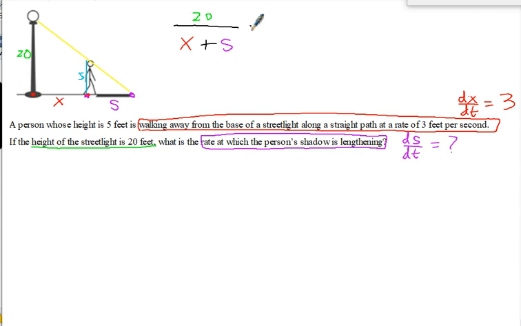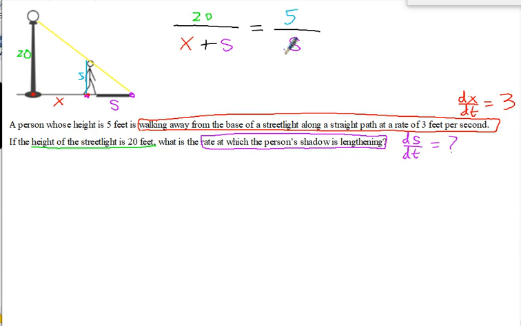And that equals the corresponding sides on the smaller right triangle here, 5 over s.